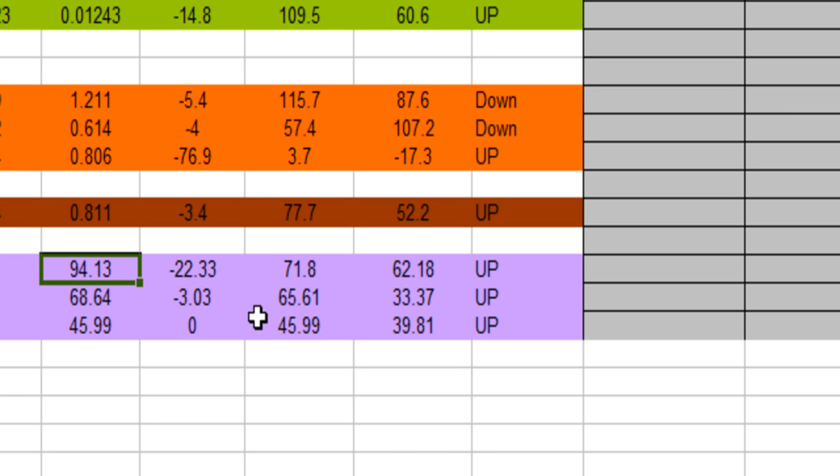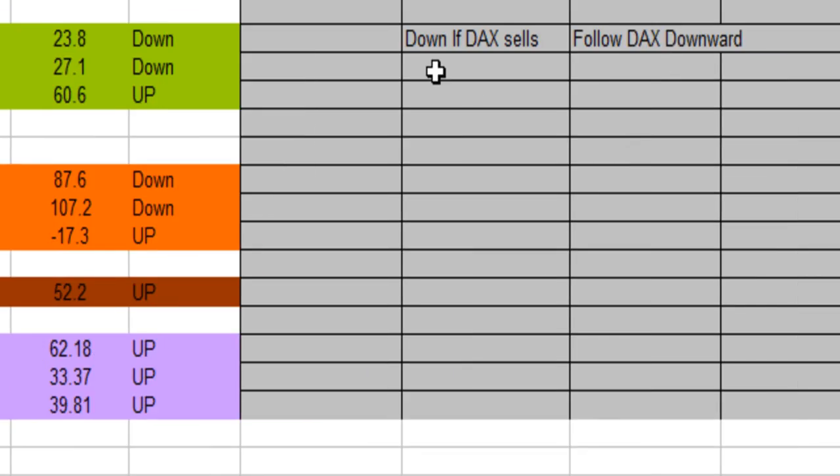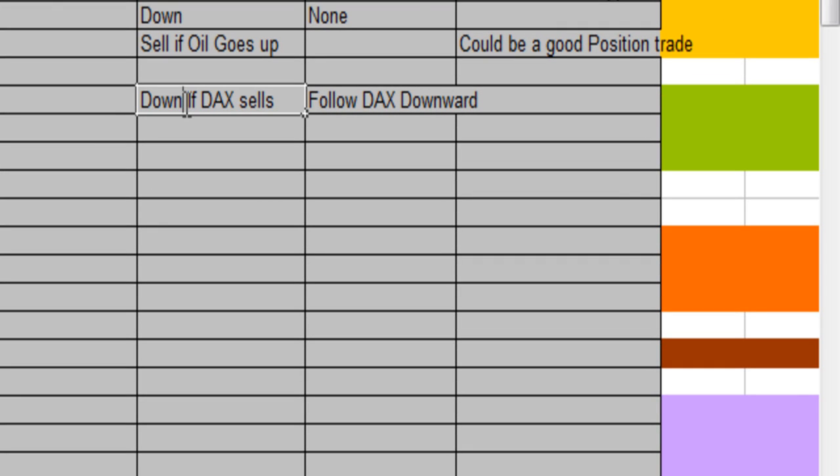But if the DAX does not continue to move upwards, flattens or starts moving downwards, I'm of the opinion that the euro should plummet. So if the DAX starts selling, I'd follow the DAX downward on the Euro USD. So that's about it, guys.